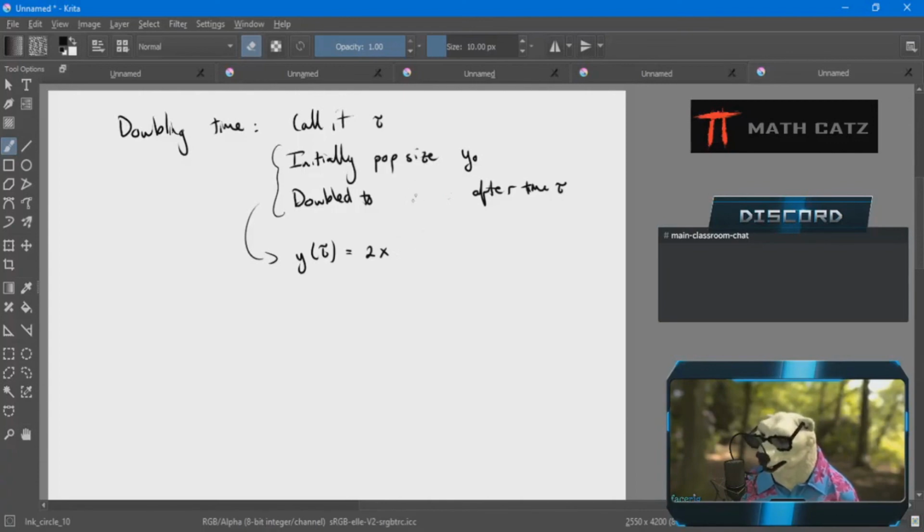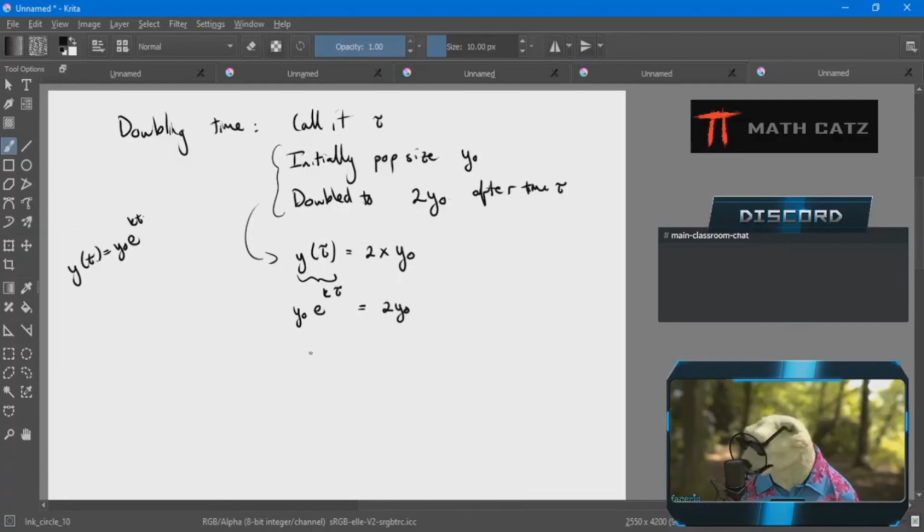It doubled to 2 times y0. So I can then simplify the left-hand side because I know the function. The function is my exponential growth function, y0 e to the kt. So now for this specific time value that I'll just call tau, to remind myself it's a specific time value, I have y0 e to the k times tau equal to 2 times y0.